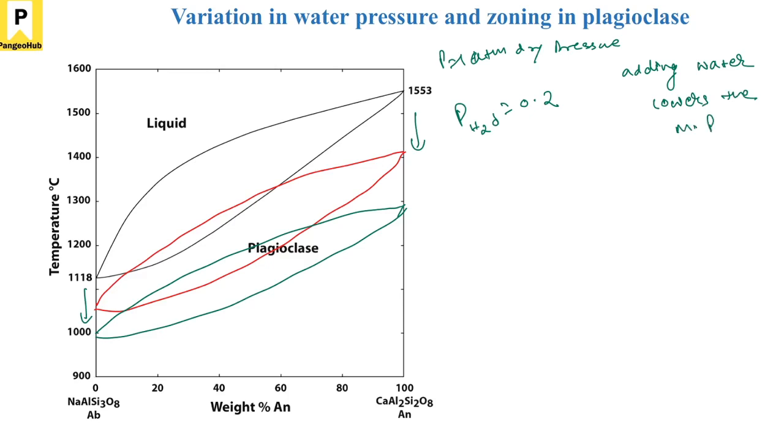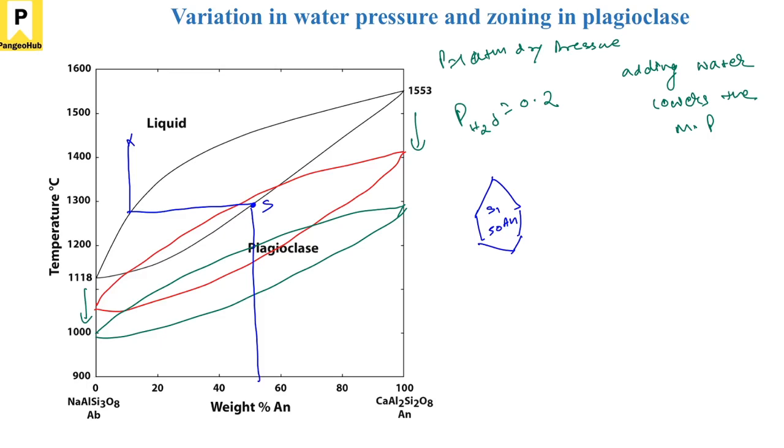So now imagine you are having a magma composition here like this. It was crystallizing a solid of this composition, S1, 50% anorthite. Now you are crystallizing a plagioclase, which is anhydrous.